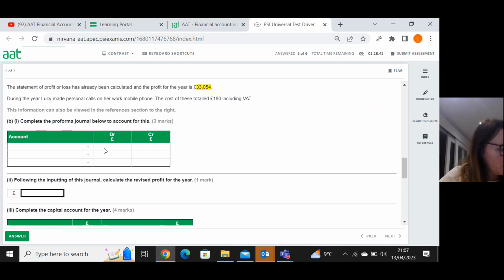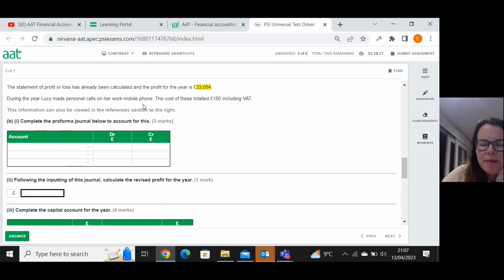So we need to adjust for this £180. So it's including VAT. So the first thing I'm going to do is work out what the VAT is. Bit of a clue because I was given 3 rows. So divide it by 6. It tells me that that is made up of £150 of phone cost and £30 of VAT.